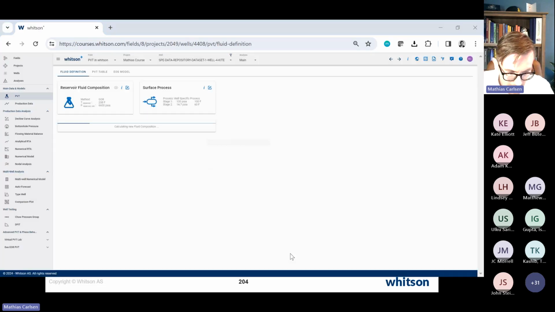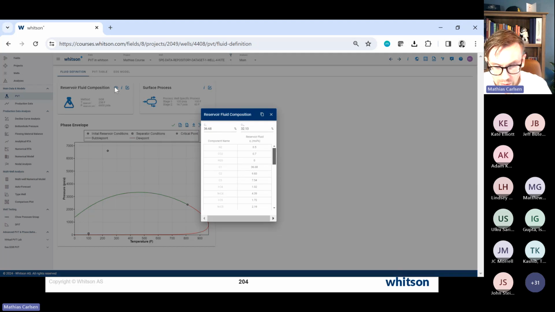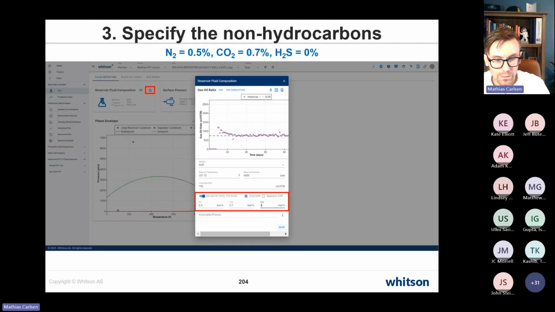And then we can rerun the calculation. When you rerun the calculation and open the reservoir fluid composition, you see that your reservoir fluid composition will also honor whatever content you inputted. And we did 0.5, 0.7, and 0. So that's how you set the non-hydrocarbon compositions in the software.